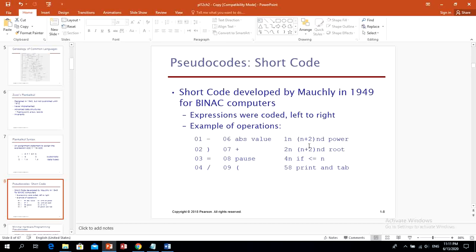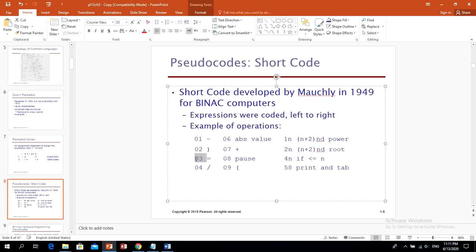So these are examples of operations. If you'd like to represent a plus sign, you have to use 07. If you would like to use an equal sign, you have to use numbers like 03. So all exponents, power, root, all these functions are expressed with either numbers or a combination of numbers and characters.